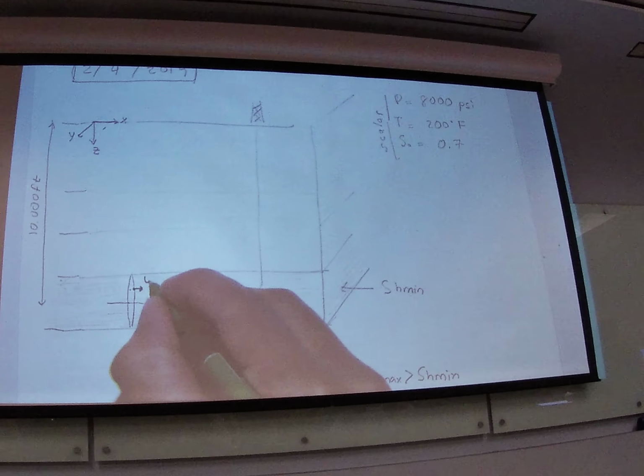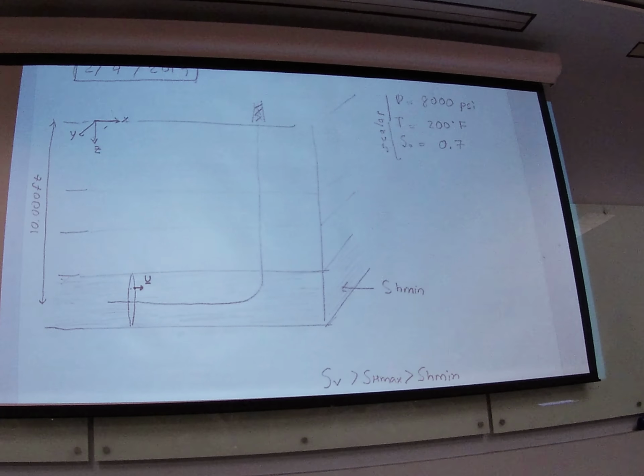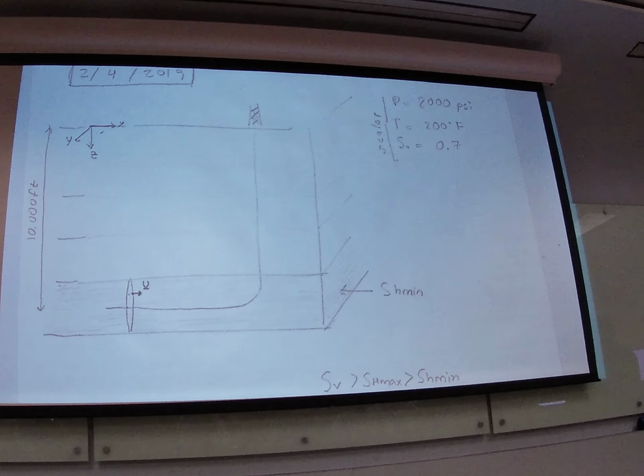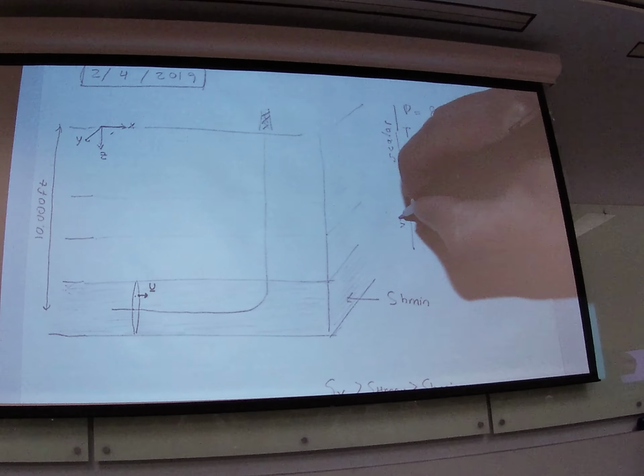And that has what we're going to call a displacement U. What is U? It's a vector, right? It's a vector because it's going to have three components.